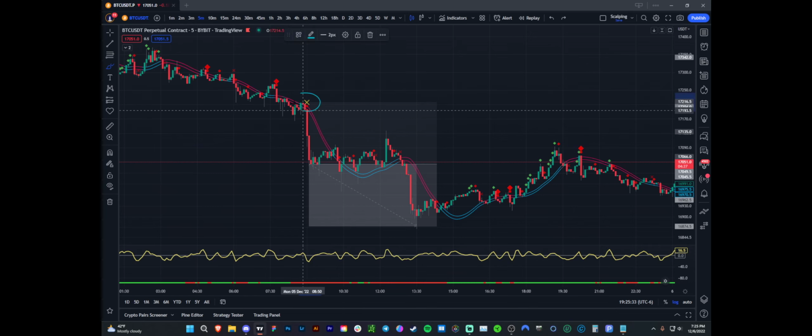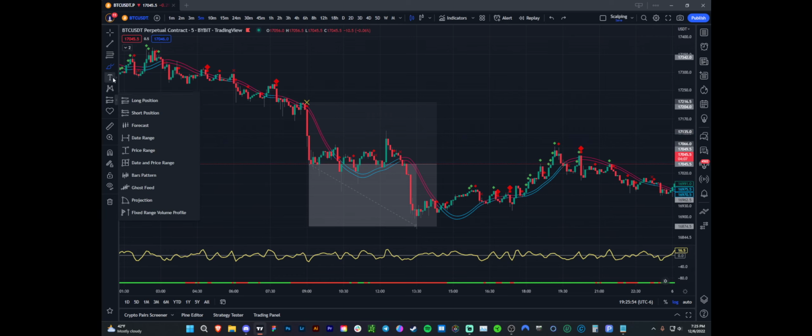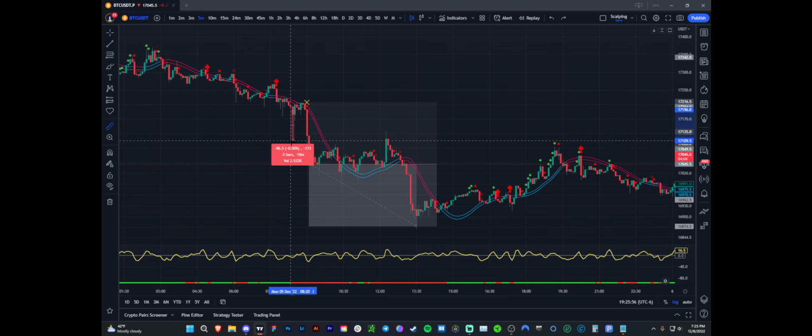But anyway, we see the red diamond, right? The red diamond prints out below. It opens and closes below the MA band, and then here's where we enter. We wait for this next candle to close red. It may be annoying sometimes, right? You just missed out on almost a percent in and of itself.